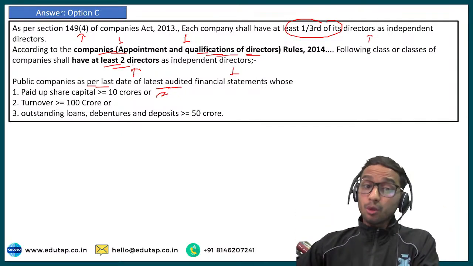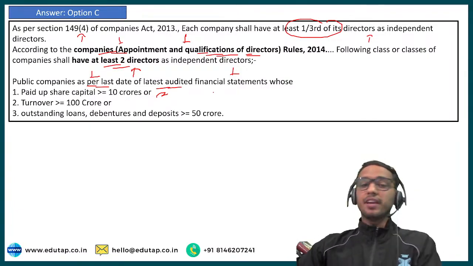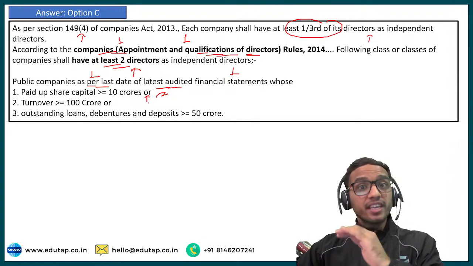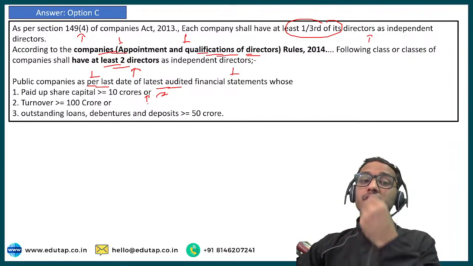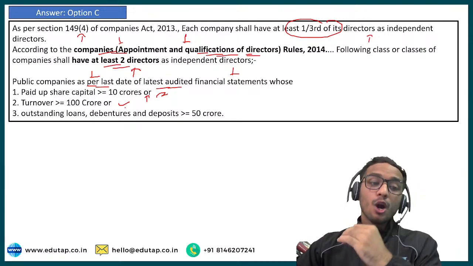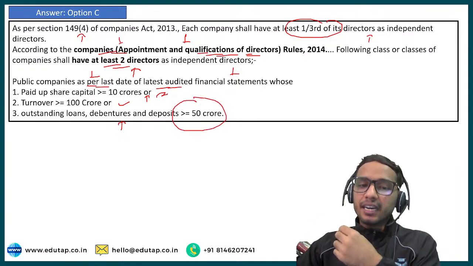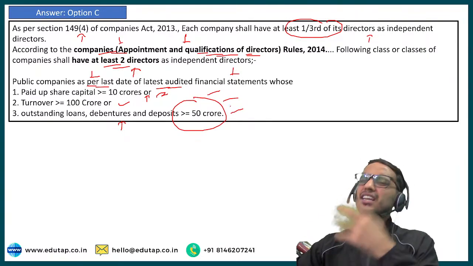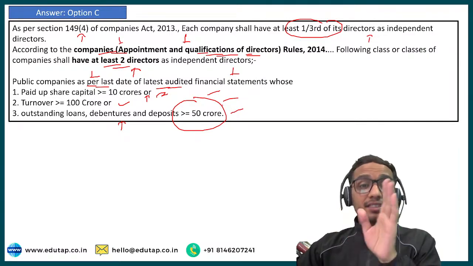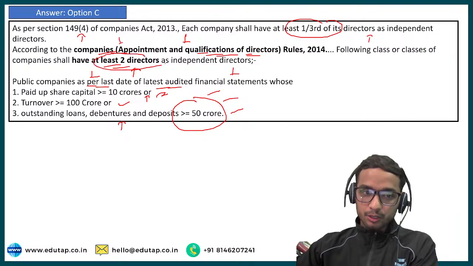So the rule says that a public company as per the last date of latest audited financial statements, whose paid up share capital is equal to or greater than 10 crores, or the company has turnover equal to or greater than 100 crores, or outstanding loans, debentures and deposits greater than or equal to 50 crores. So in any of these 3 cases, that public company should have at least 2 directors. It is clearly stating that. So you need to remember these provisions.